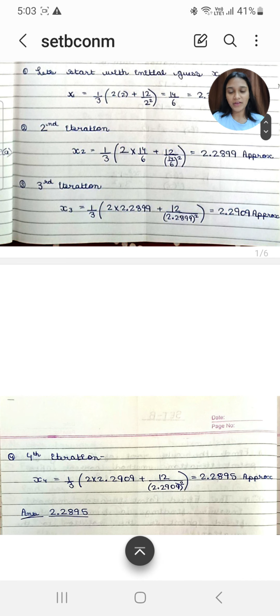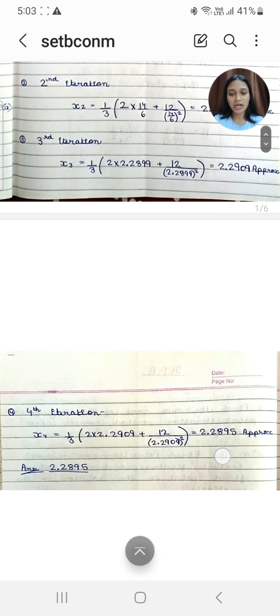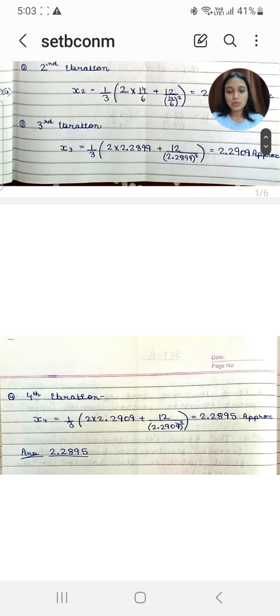We will put the value of x3 in place of x in the fourth iteration, that would be 1/3 (2 × 2.2909 + 12/2.2909²), that would be 2.2895 approx. Now as we can see, the answers for the third iteration and the fourth iteration are equal till the first place of decimals, so we will consider this as our final answer and we will take 2.2895 as our final answer.